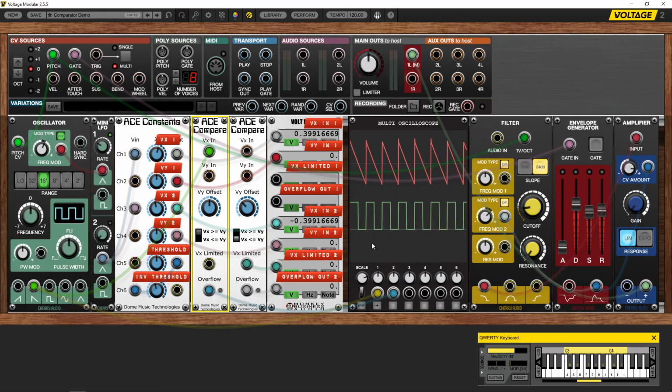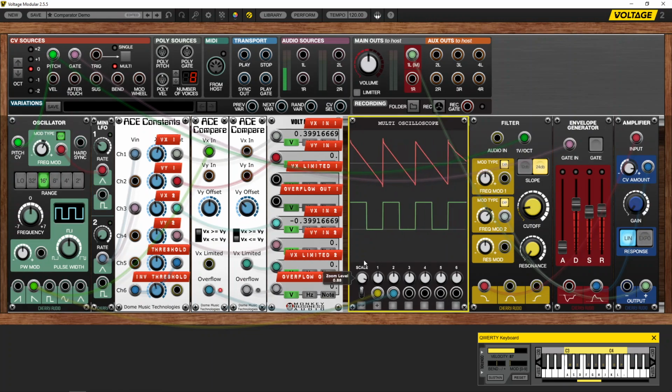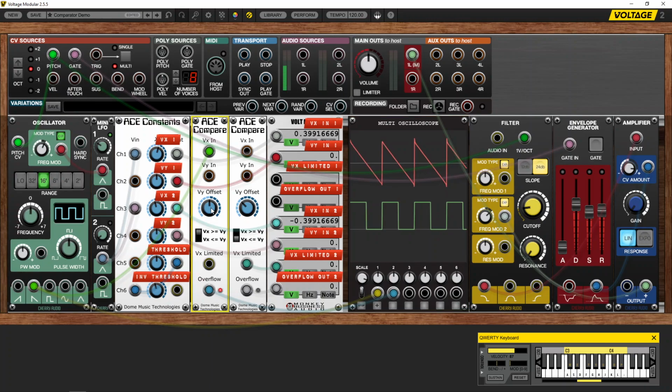Now, interesting things start to happen when you increase the Vy offset. So what you've got here is pulse width modulation.